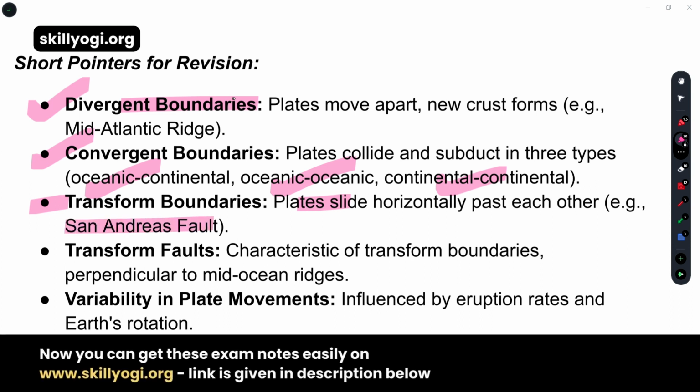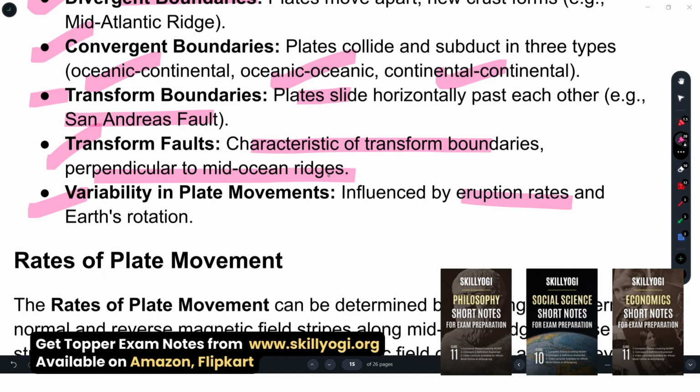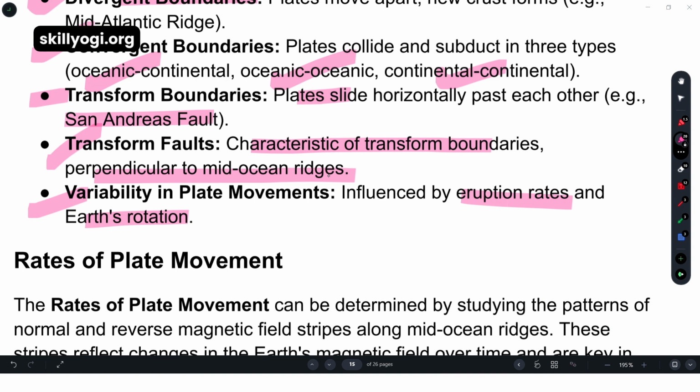The San Andreas Fault is an example. Transform faults are characteristic of transform boundaries, perpendicular to the mid-oceanic ridge. And the variability of plate movements is influenced by the eruption rates and the Earth's rotation. Two responsible factors are there, influenced by the eruption rates and the Earth's rotation.